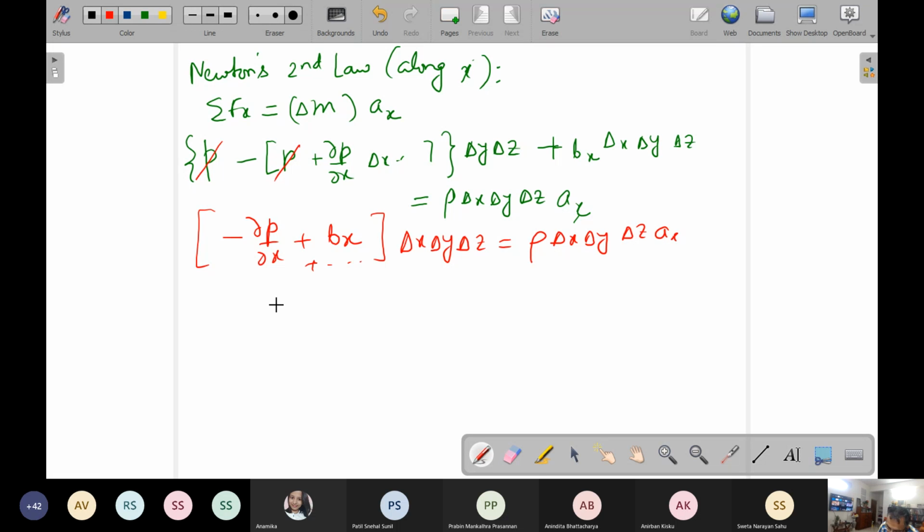So now you take the limit as delta x, delta y, delta z all tending to 0. And one of the mathematical purposes of taking this limit is to actually write a differential equation. A differential equation will be valid at a point. So unless you shrink the material to a point, you will not be able to write the differential equation.